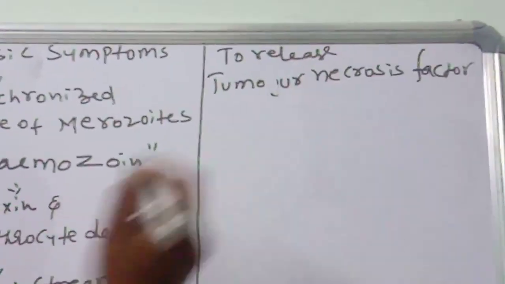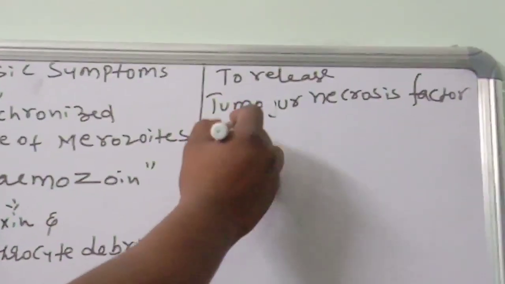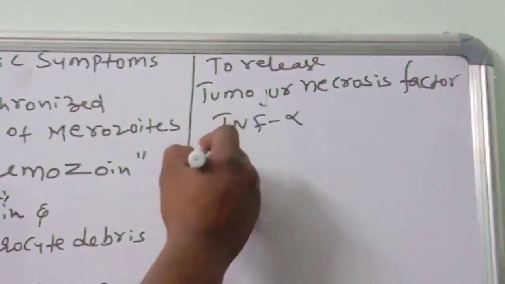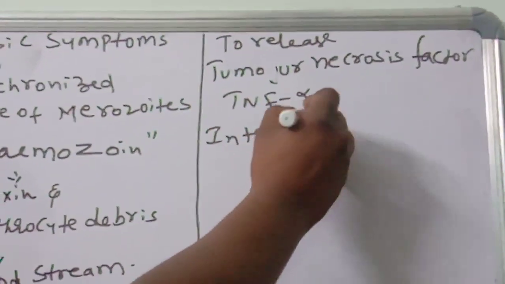Okay children, this is one: TNF alpha and interleukin.